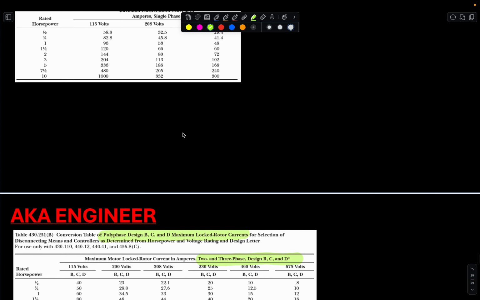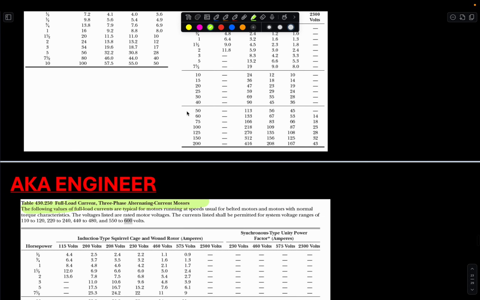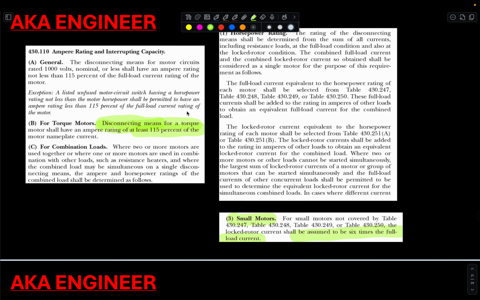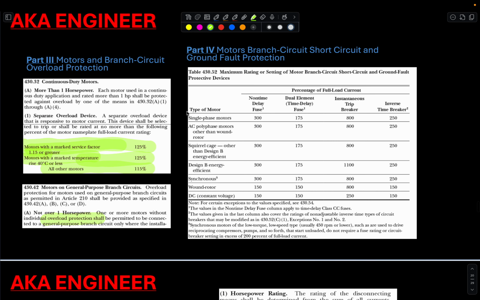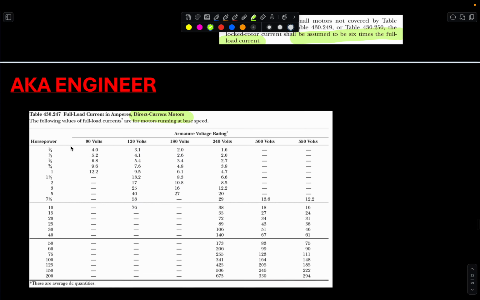Going back to this section right here, I forgot to mention, I should have gone to the previous section, but this is a protective device for a separate, oh, here we go. A separate overload device. That's what I meant to say right here. I think I forgot to cover this. For a separate overload device, this is a criteria you want to follow.